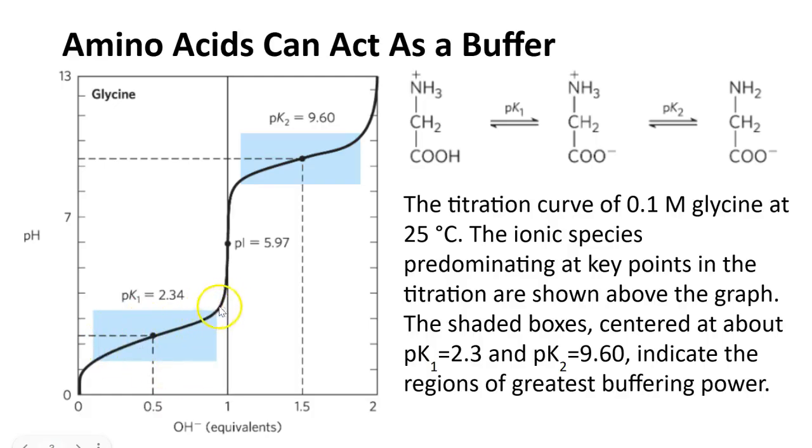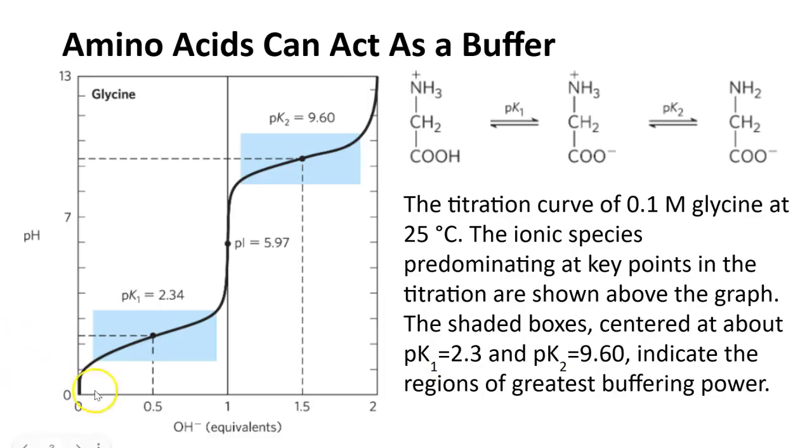And then once it reaches outside of the buffer region, that's where you see an exponential increase in the pH. And then eventually it goes to another buffer region where you start to see this resistance again with the pH. And then when it goes outside of it, you see this exponential increase.